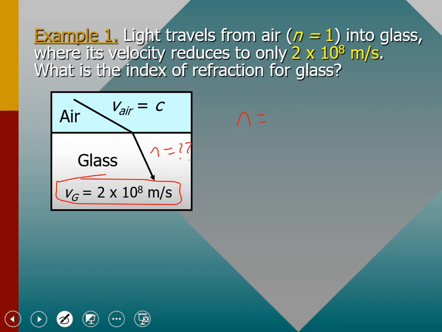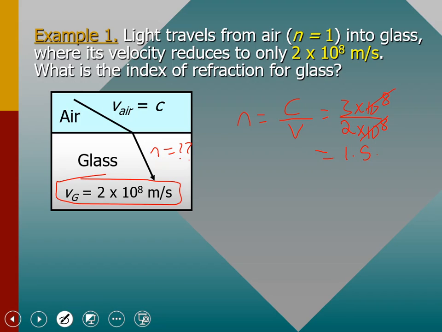Here we can use n equals c divided by v. N equals c over v, where c is the speed of light in vacuum or in air, since they are close to each other, 3 times 10 to the power 8, divided by v, which is 2 times 10 to the power 8. So 10 to the power 8 cancels out, and it will be 3 over 2, which is 1.5.